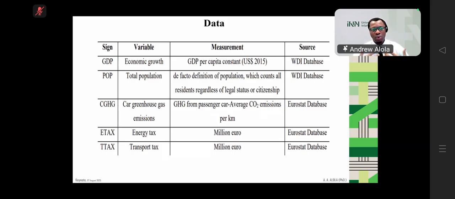We try to employ variables such as economic growth, population, greenhouse gas emission from passenger cars, energy tax, and transport tax. Some of the main variables that we are really focusing on are the last two, which are energy tax and transport tax. But we have to use the first two, economic growth and population, because these are key, vital environmental impact quantifications.